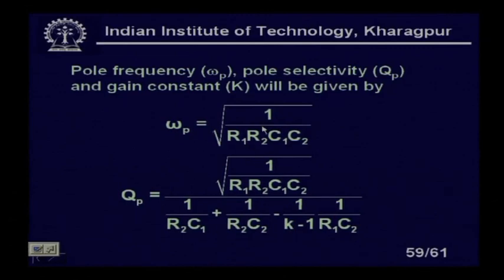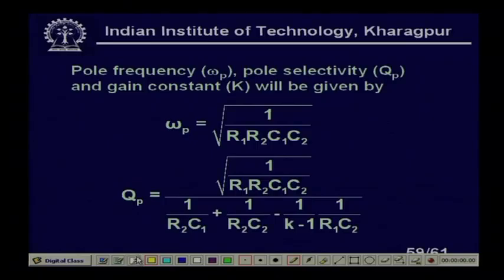So there is no element which is in omega p but not in Q p, or in Q p but not in omega p. So orthogonal tuning, similarly for k also, if you assume that I have to tune all the 5 parameters omega p, Q p, omega z, Q z, and k, it is just impossible to make the orthogonal tuning with the single amplifier structure. That is a great drawback.